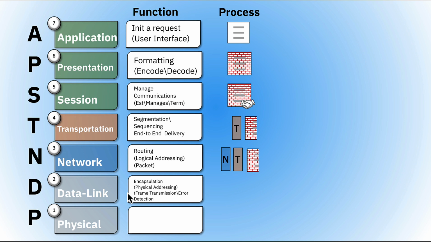This is basically frame transmission as well as error detection. It also preps the frame to get sent out by the specific hardware. So that means we have a complete frame, or a complete packet, with the data link header appended to it, and at the end we have a CRC, which is a cyclical redundancy check.